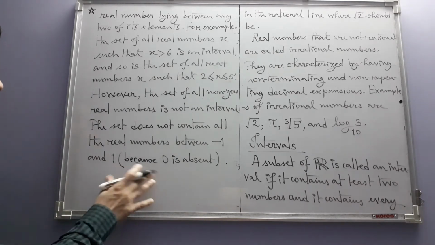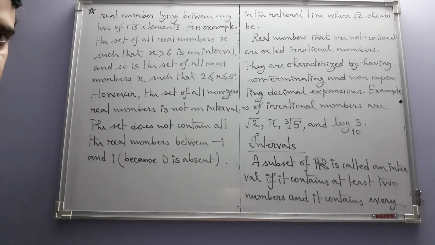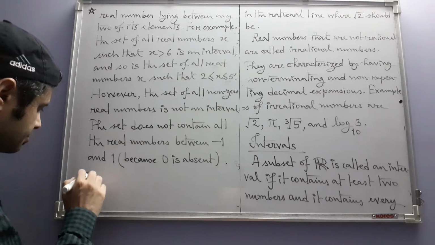Now, this is an arithmetic definition. What does this definition tell us geometrically?